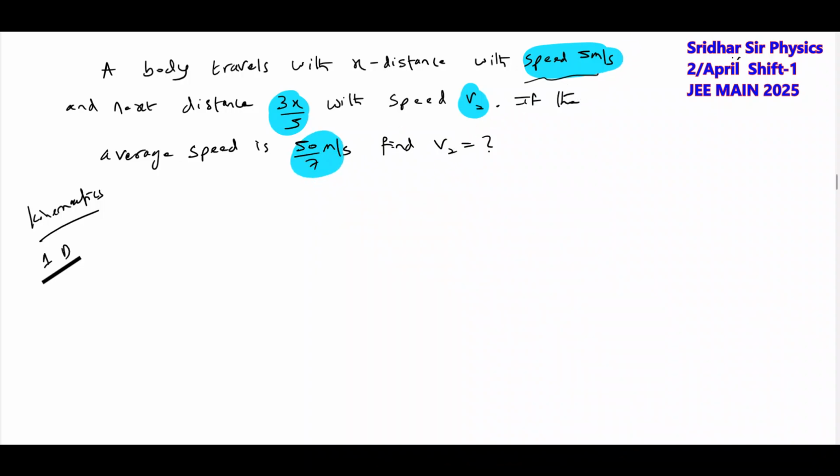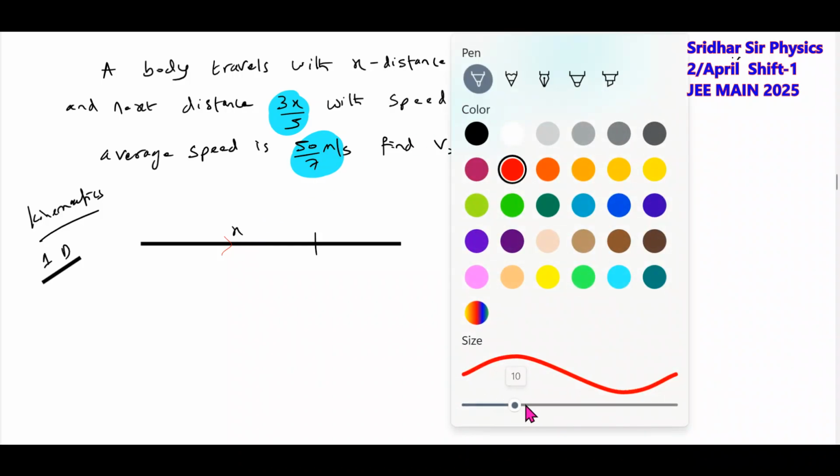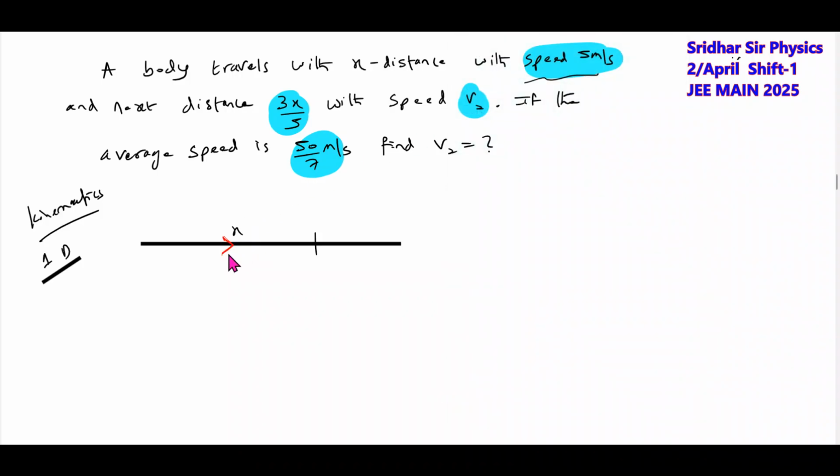So the basic condition is like this. It will cover a distance x with a speed of 5 meter per second. Next distance 3x by 5 with a speed v2.